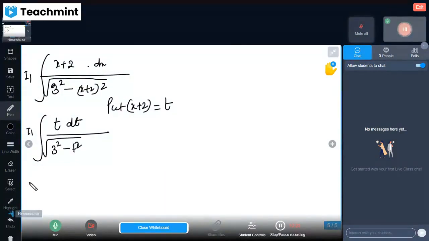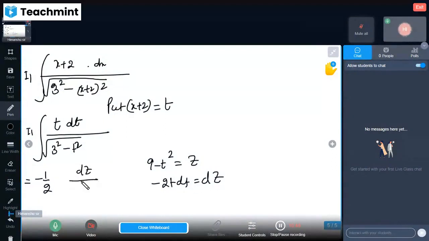This is I1. Put 9 minus t square equal to z. So minus 2t dt is equal to dz. Understood? So t dt is equal to minus 1 by 2 dz, and the rest is root of z. So minus half, z to the minus half plus 1, that is z to the plus half, by 1 by 2.